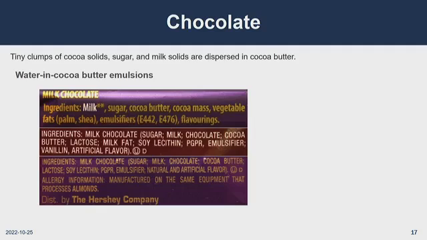Cocoa butter is one of the main ingredients of chocolate. So this is why we have droplets. You have a smaller amount of water or water-soluble ingredients that are dispersed in the cocoa butter. So it is water in oil.